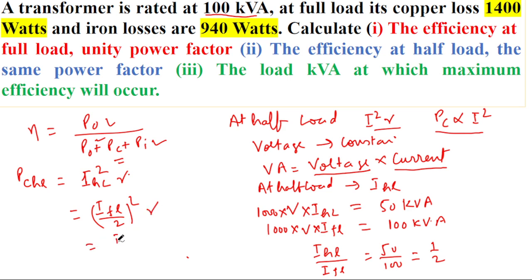So IFL square into R divided by 4, and IFL square into R is given as 1400 watt, because it is nothing but the copper loss at full load. So at half load it will be 1 by 4, or it will become 350 watt, or 0.35 kilowatt.